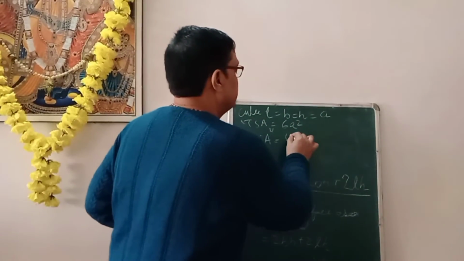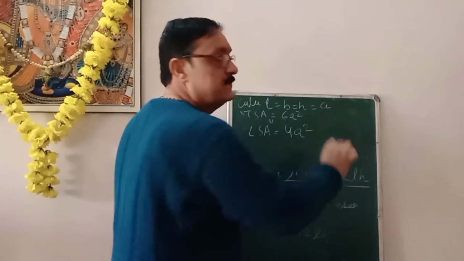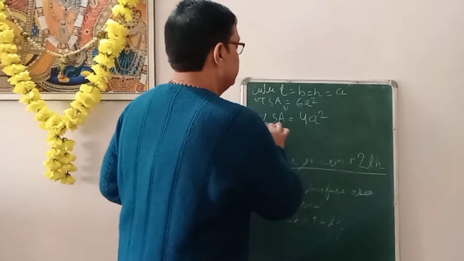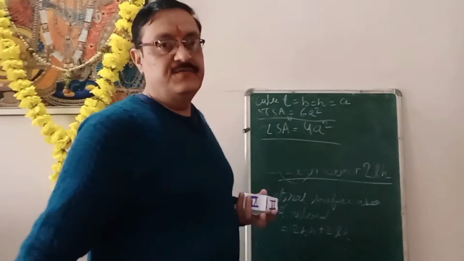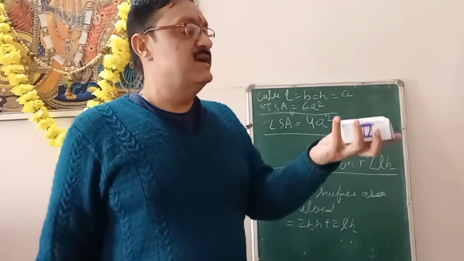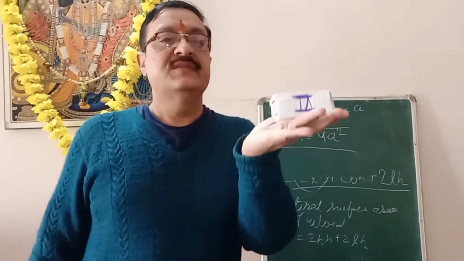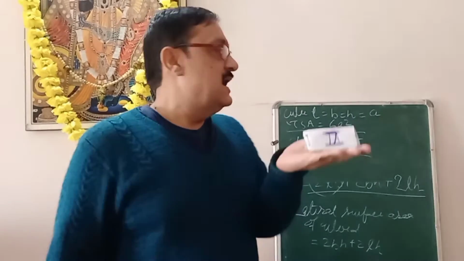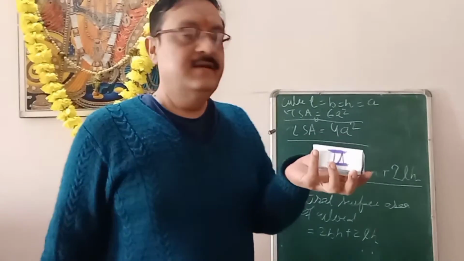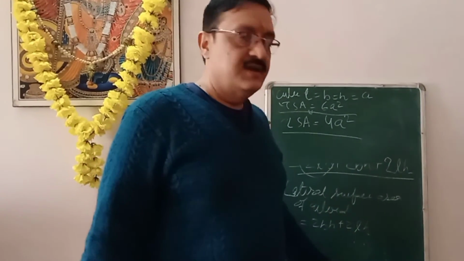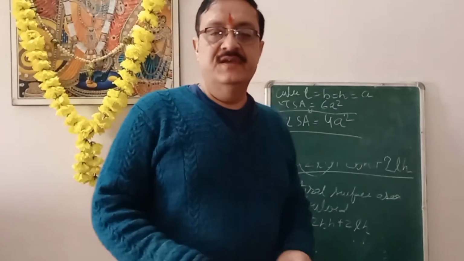The area of 4 squares, 4a square. So this is the LSA of cube and this is the total surface area of cube. If we are able to remember this figure and visualize it, we will be able to solve any question that comes our way, and we will be solving the exercise questions in the next video.